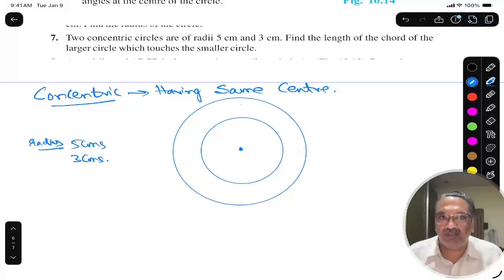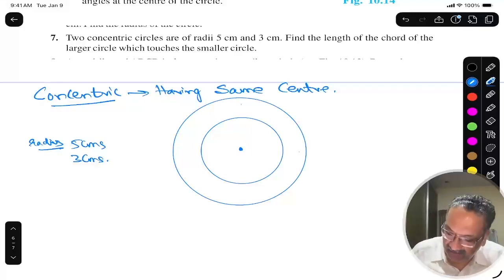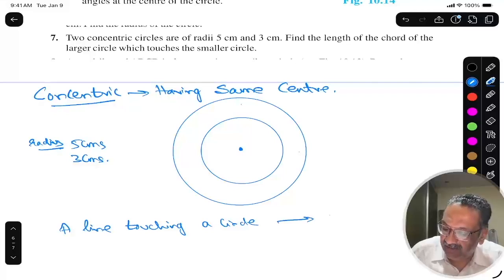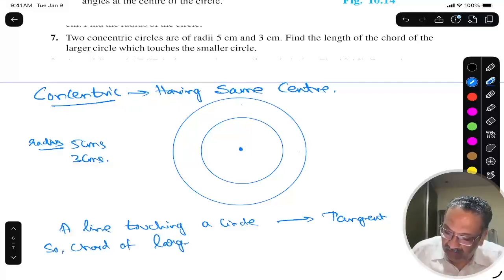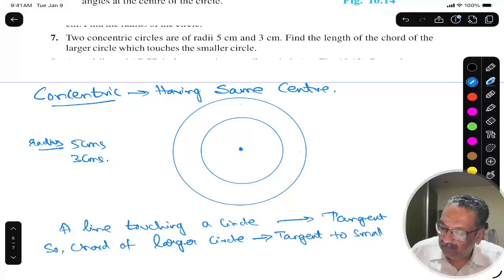So it touches the smaller circle, which means it is a tangent. A line touching a circle at one point means it is a tangent. So the chord of the larger circle is tangent to the smaller circle, right?